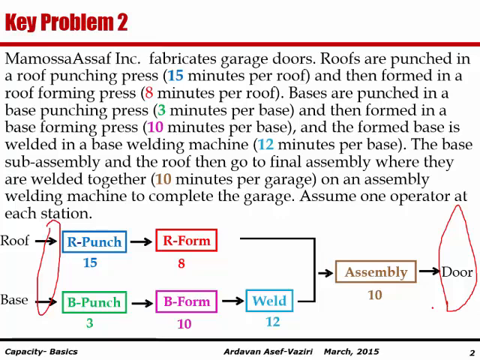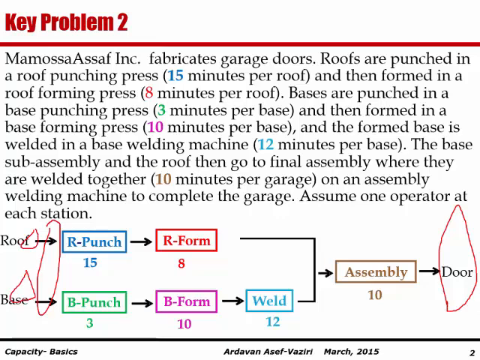Theoretical flow time only includes value-added activities, those things which we show by rectangles. However, besides actual value-added activities, we also have waiting lines and inventories. Those we show by triangles.